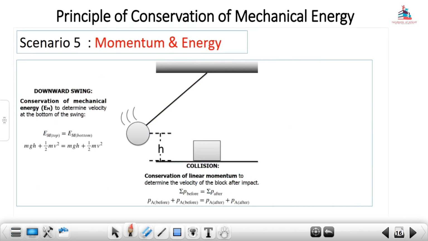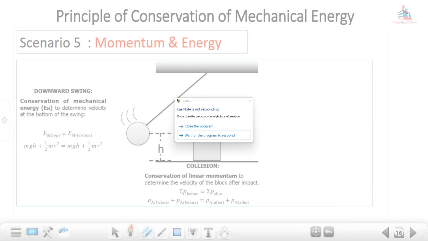Now, on this one, it's where I said we are going to link momentum with energy. So remember, with momentum, we had an opportunity of explaining different types of collisions.